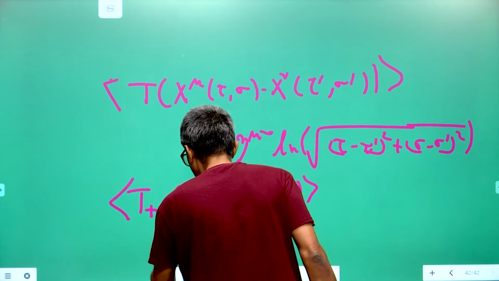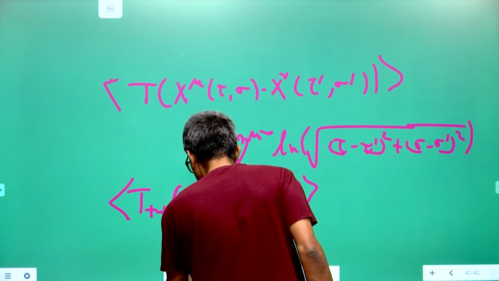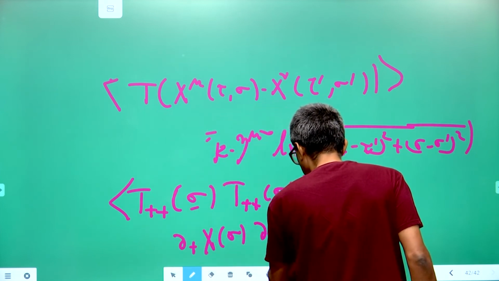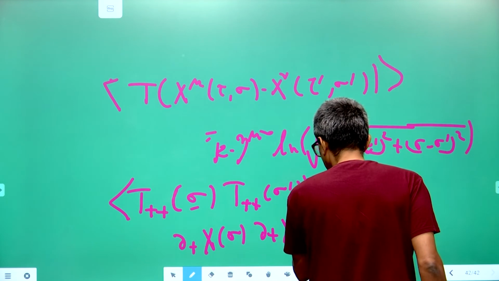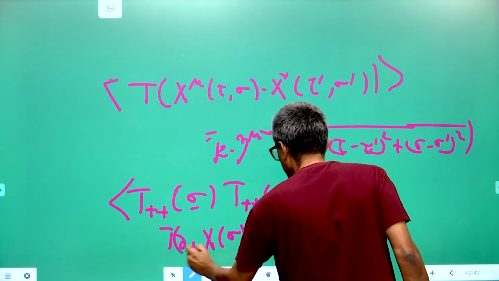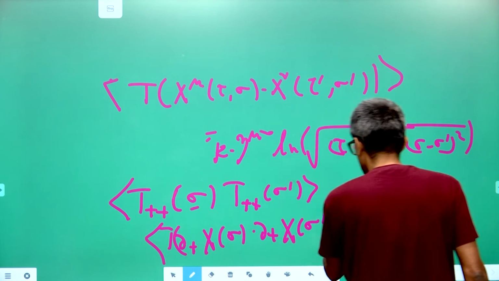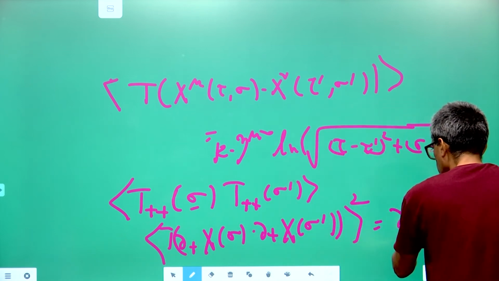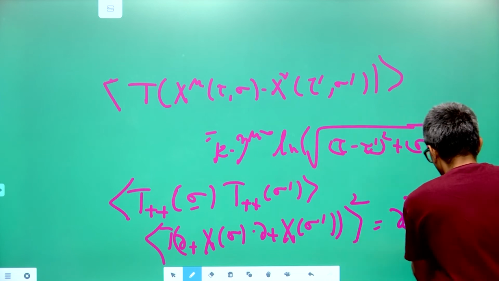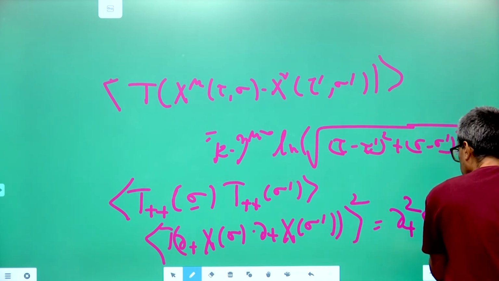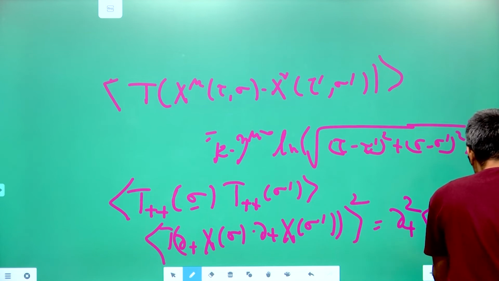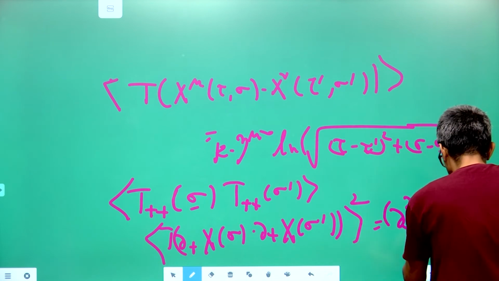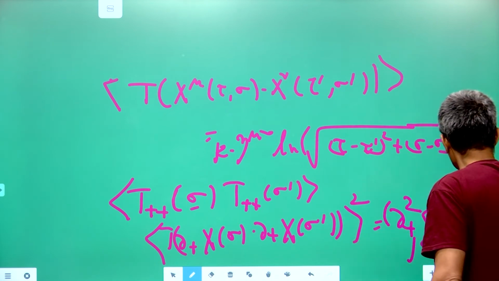You compute the vacuum expected value, which will come out to be ∂_+ X(σ) ∂_+ X(σ'), and then you are taking the square of this, the time ordered version of this vacuum expected value squared, which is nothing but differentiating ∂_+² twice the string propagator, the time ordered version of X(σ) with X(σ'), and then you are squaring the whole thing, but you know that the propagator is log of this.